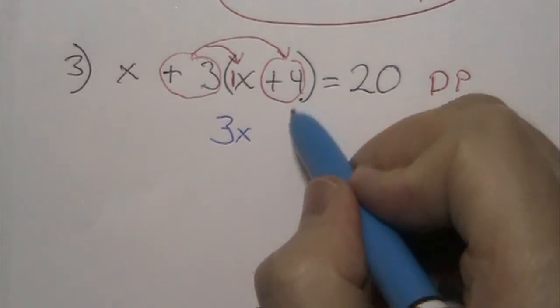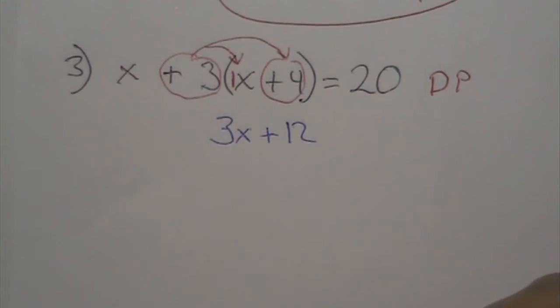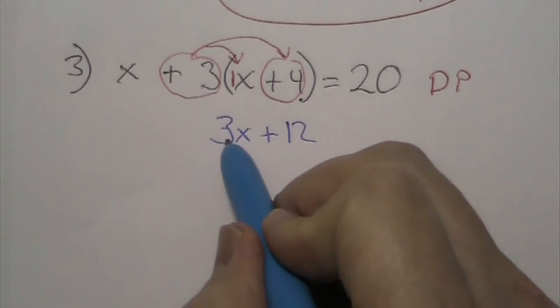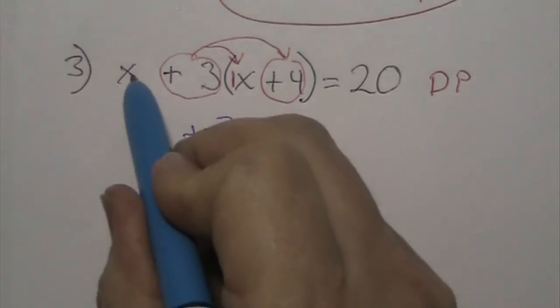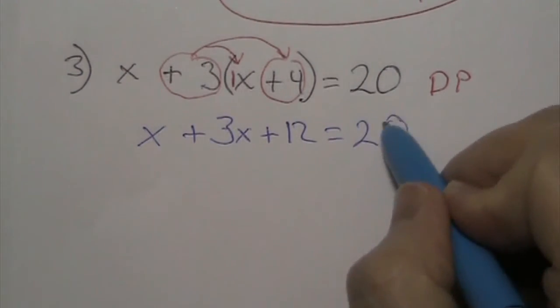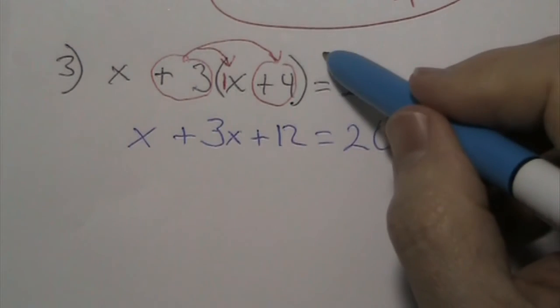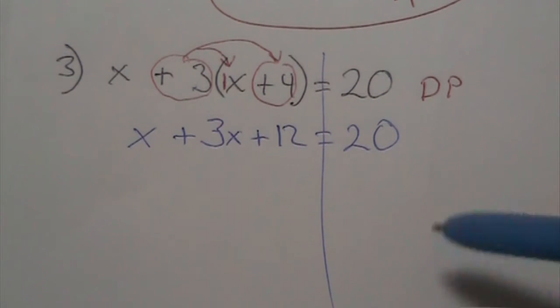And 3 times 4, that's 12. They're both positive, so it's a plus 12. All right, now this is a positive 3, so I'll put a plus. I'll bring down the x. I'll bring down the 20. Remember, you have a left and a right side you're solving.